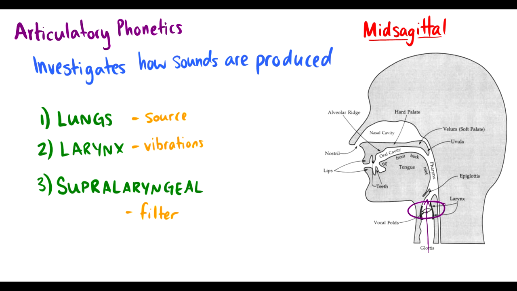And that will change part of the sound. Then, when it moves up into the oral cavity or the nasal cavity, which are these two paths here, your tongue and your lips and your teeth are going to play different roles in shaping the sound, and we call that the filter, because your tongue, your teeth, your lips, and your velum are going to change the sound and give you the different sounds.